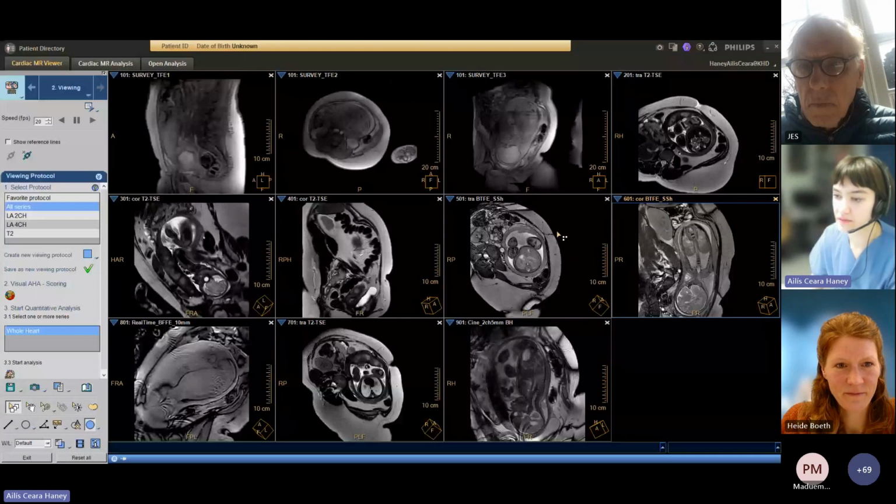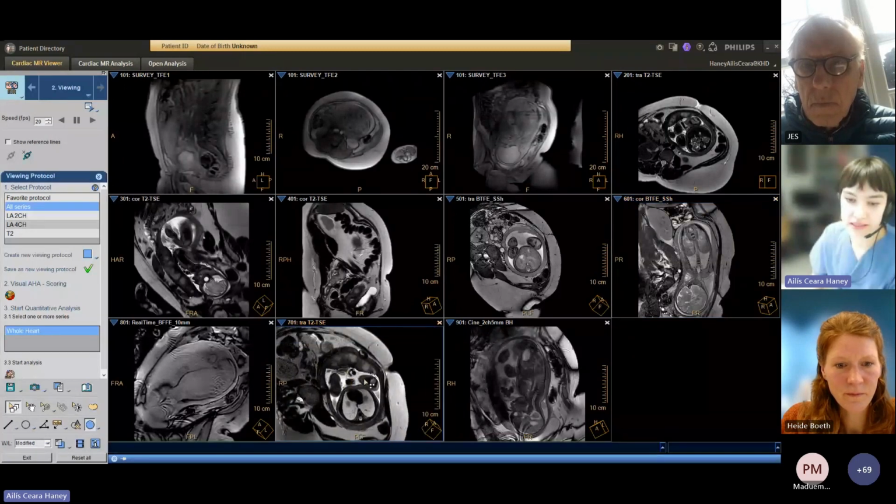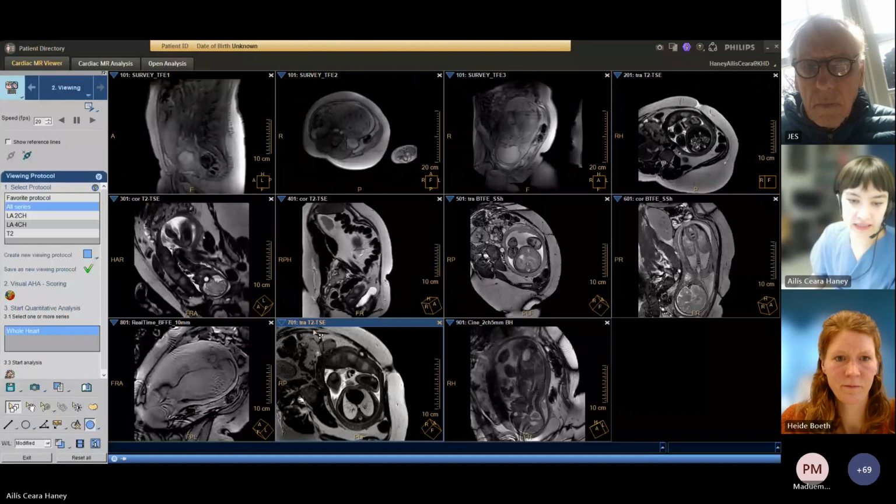After this BTFE imaging, we had to reposition the transducer again. And after repositioning, we decided to repeat the T2 weighted imaging because we felt that that was really the sequence that answered our question to this exam. For some reason, this was sequence 7.